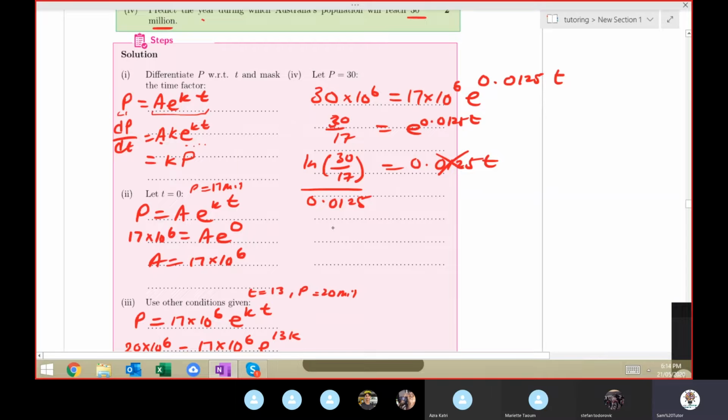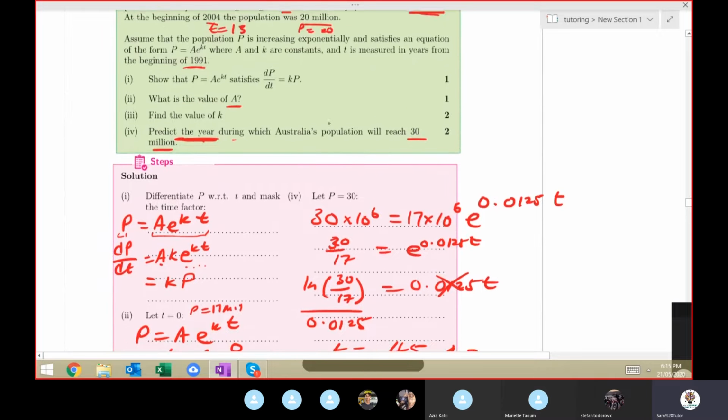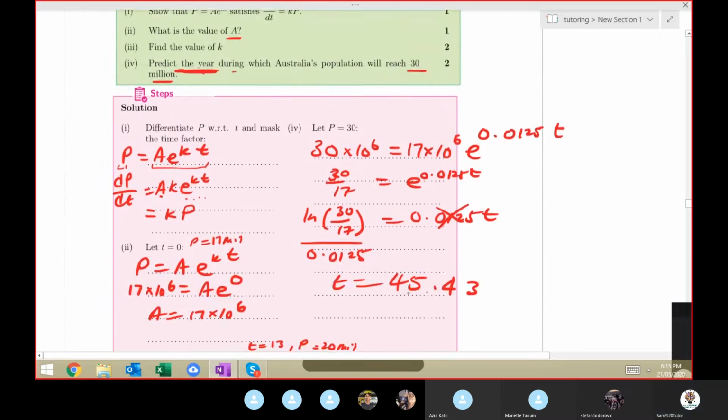You start to get pretty used to that. So the answer is log of 30 on 17 divided by K, which gave me 45.43. It says predict the year during which Australia's population will reach 30 million. Which year would that be? See, you didn't get full marks.